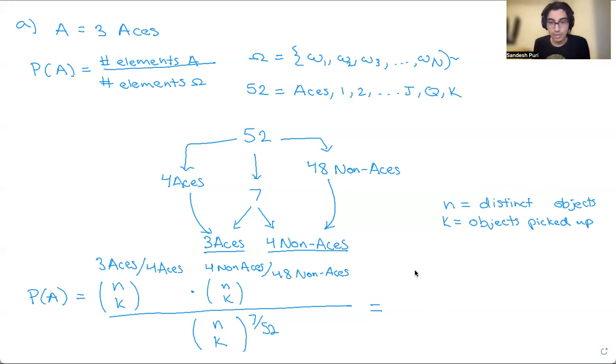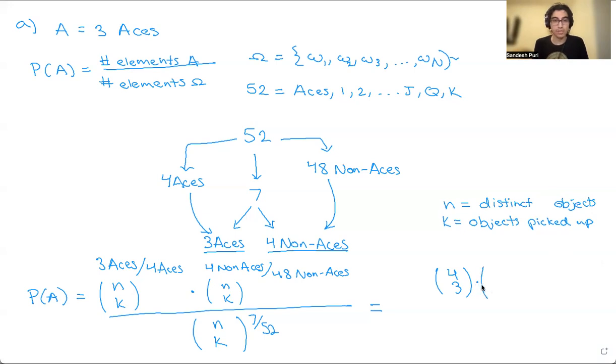Okay. So in our first case in our numerator, our N will be 4 and our K will be 3. And this is because we're picking 3 aces out of 4 distinct aces from the deck, okay?